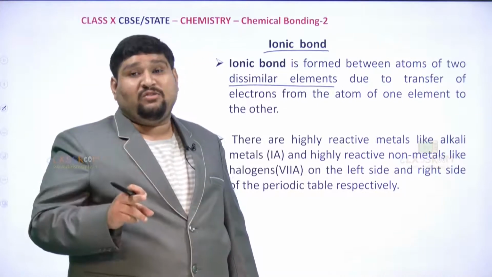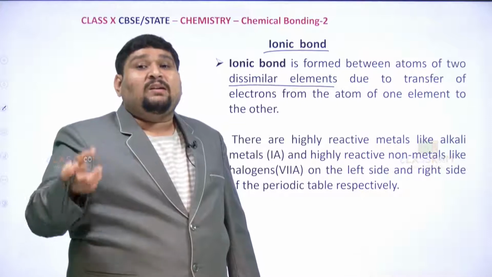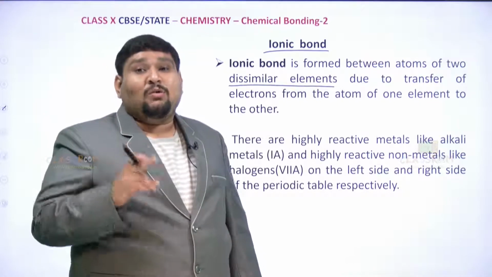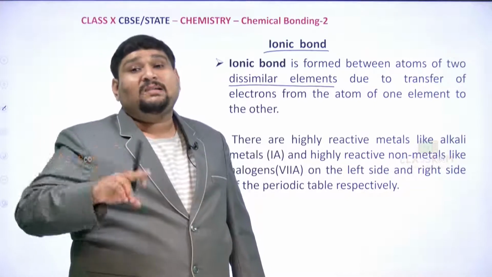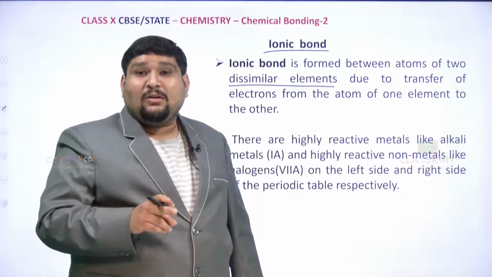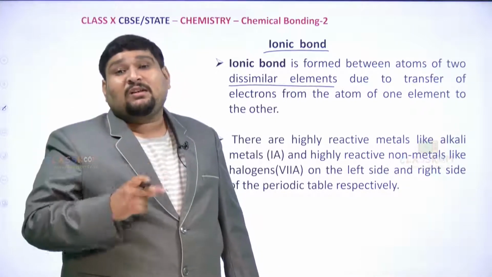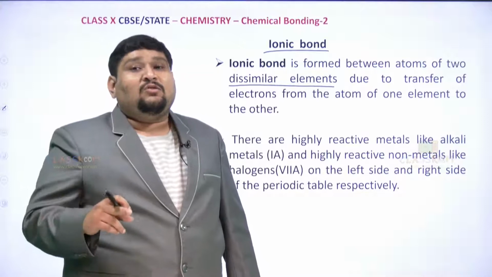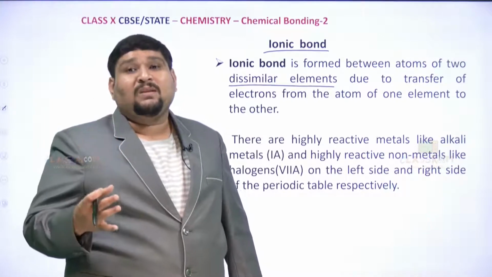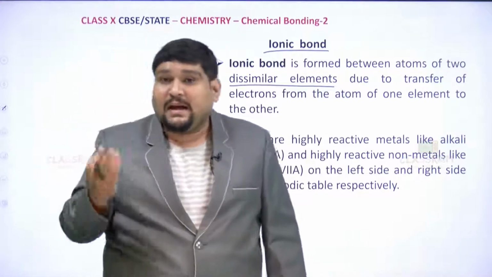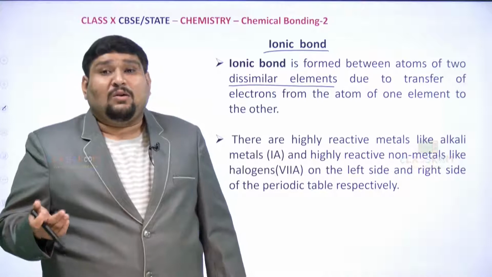A compound associated with this kind of bonding involves one cation and one anion, as you already know, the group of positively charged particles called cations and the group of negatively charged particles called anions.